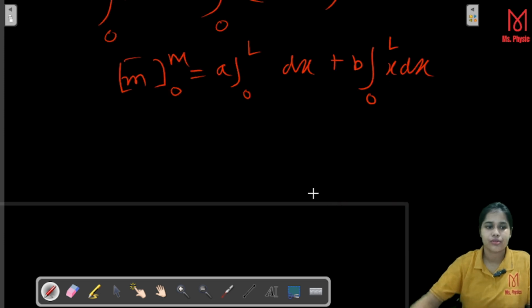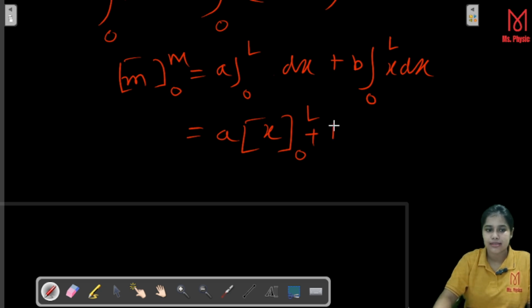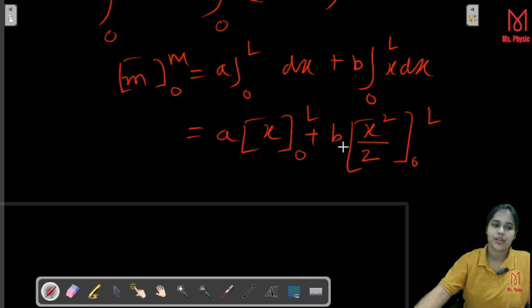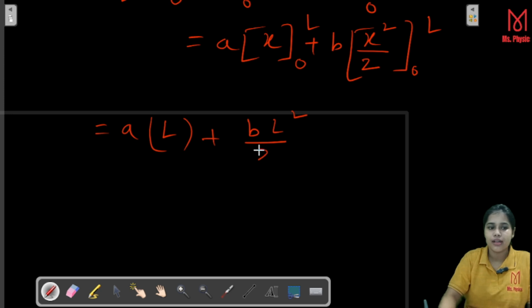So this is equal to a times the integration of dx, which is x, with limits 0 to capital L, plus b times the integration of x dx. If you do the integration, x to the power n plus 1 over n plus 1, that means x to the power 1 plus 1, x squared over 2, from 0 to capital L. This is equal to a L plus b L square over 2.